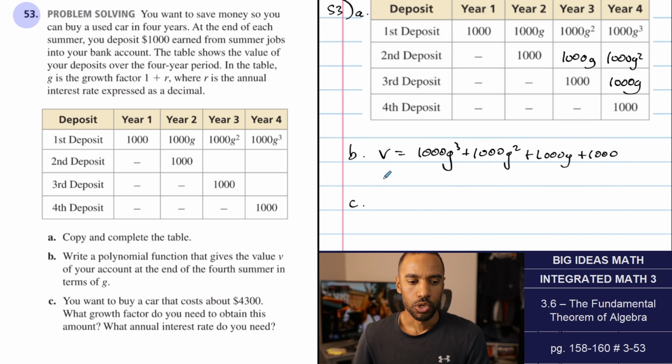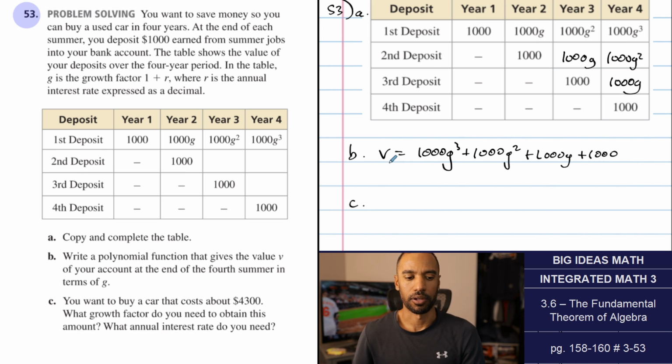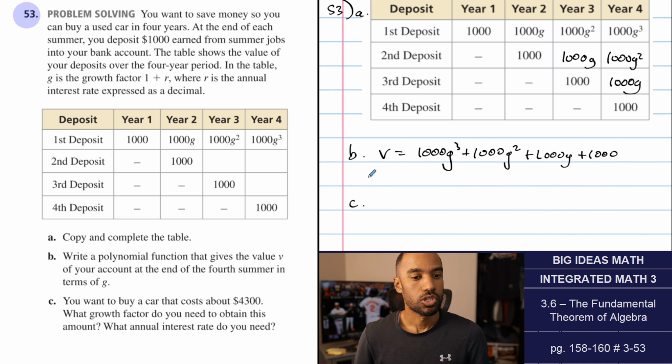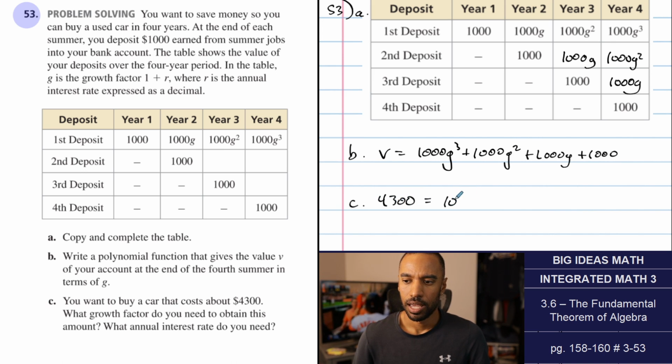Part C, you want to buy a car that costs about $4,300. What growth factor do you need to obtain this amount? What annual interest rate do you need? So V is 4,300, and we have this information here.